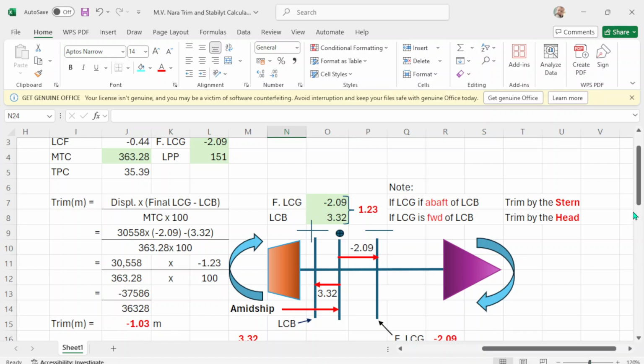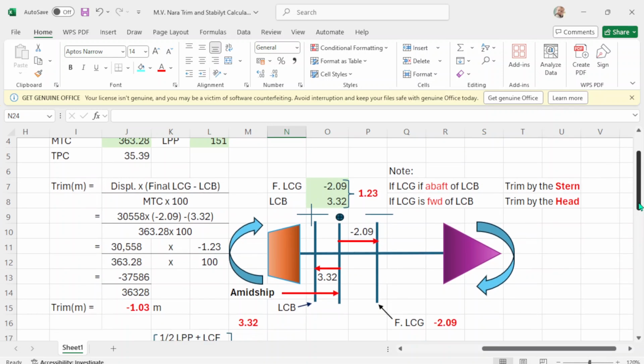Now take note that the trim is negative. Look at the position of the LCG. This is the LCB.